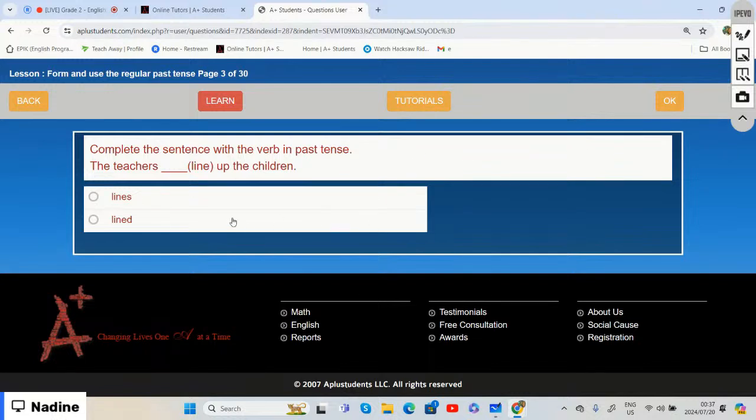So we can say the teacher line up the children. The teacher line up the children.